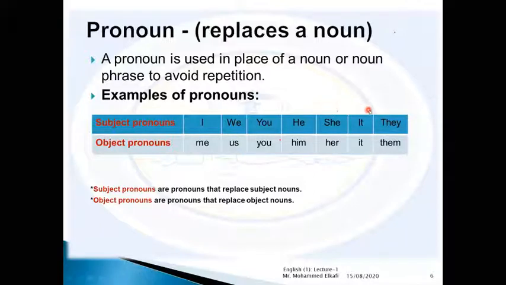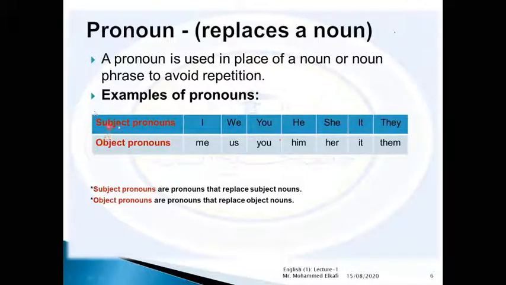Muna and her dog, I also say they. So they here is used for what? For plural, the plural of he, she, it. Instead of he and he, she and she, and it, we use they.